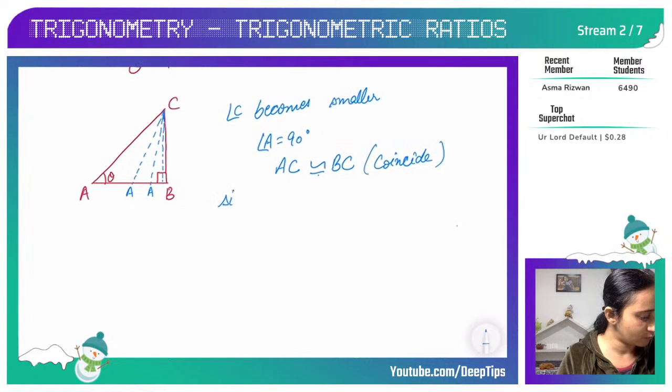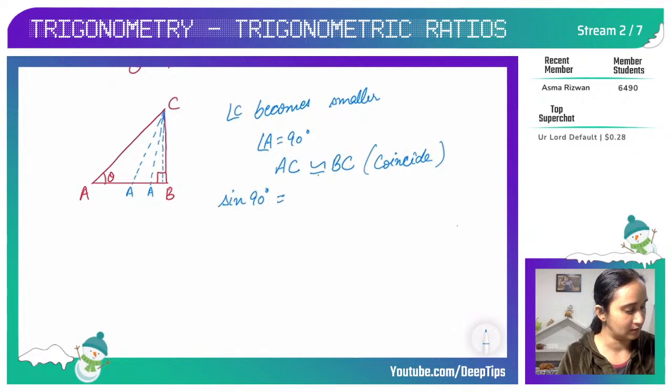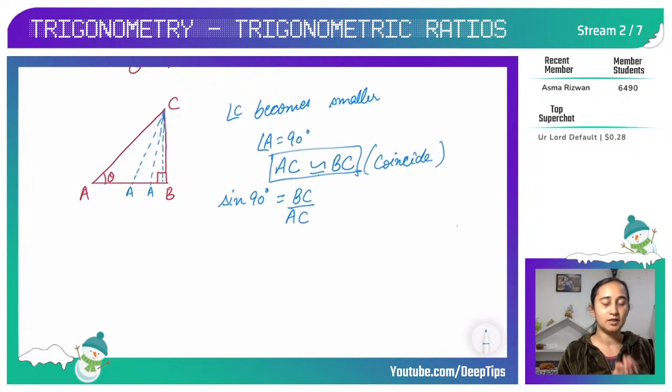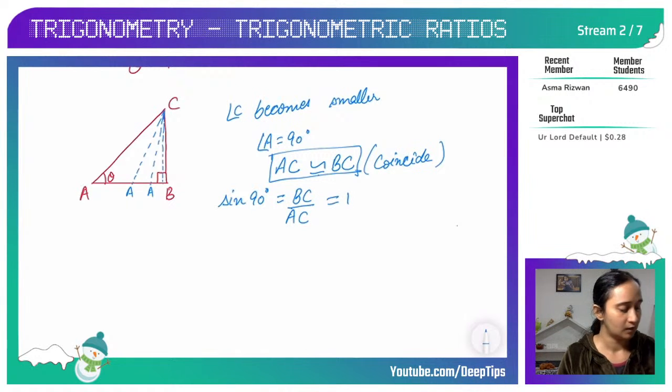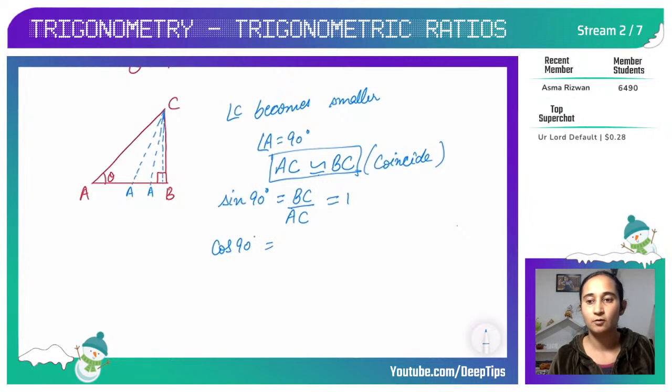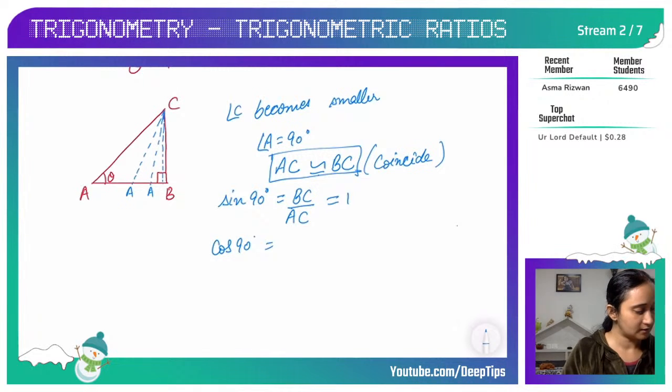So at that point, when I'm saying sine 90 degrees, that is perpendicular upon hypotenuse. Here my perpendicular is BC and my hypotenuse is AC. BC and AC, as I have mentioned, coincide, that means they become equal. So it is equal to 1. But for cos 90, like we just observed in the previous case where it was complementary, cos 90 is base upon hypotenuse.